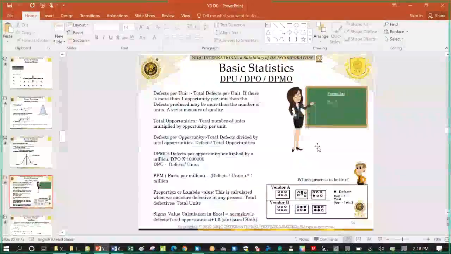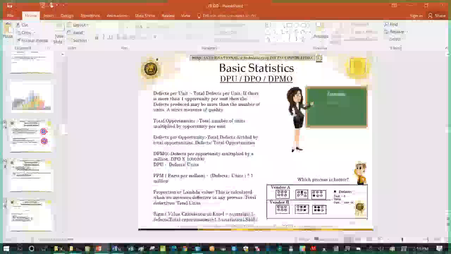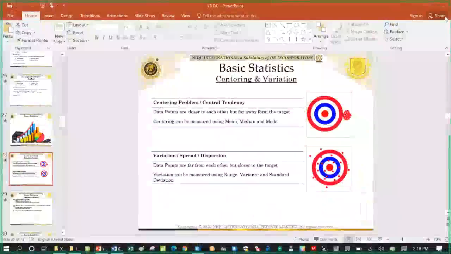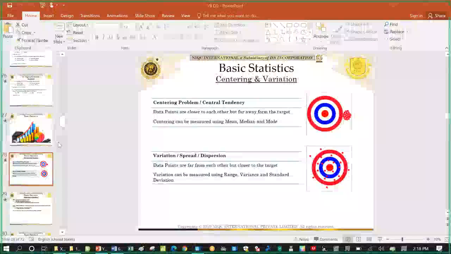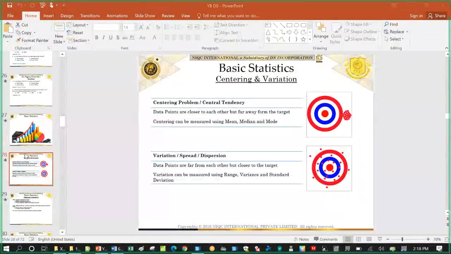Are you able to see my laptop screen again? Let's do some small calculation. Hope everybody has joined. Today we'll be learning a little bit of calculation. Why do we need to learn this? Because this will help us understand the Six Sigma meaning. This is the ABC of Six Sigma.